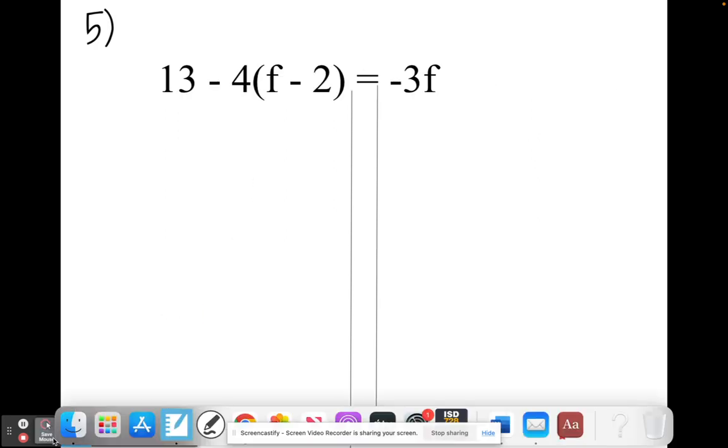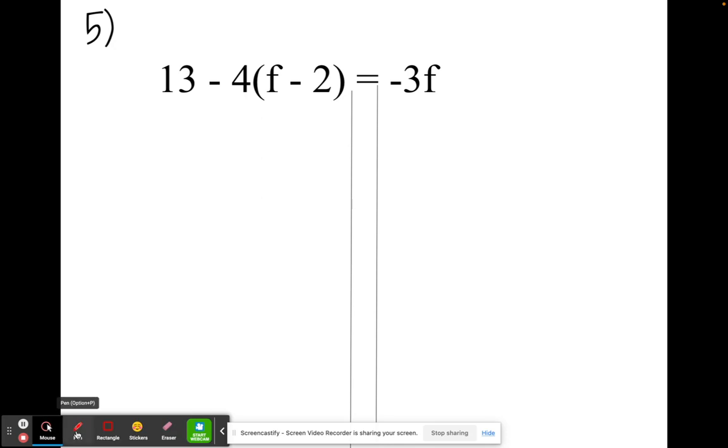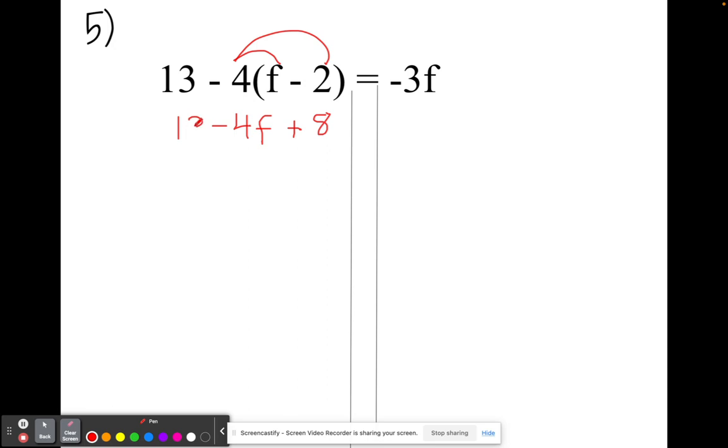Let's give this one a go. Feed the birds, or in other words, distribute. Negative 4 times f is negative 4f. Negative 4 times negative 2 is a positive 8. And don't forget, I have a 13 at the front. I want to see if that equals negative 3f.